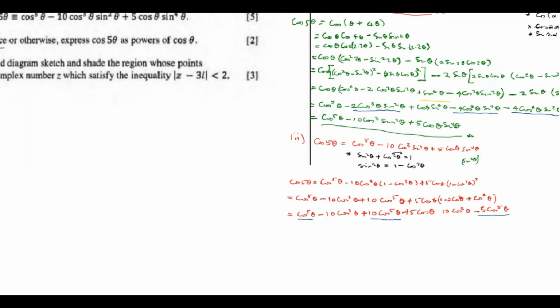So if we say 1 plus 10 plus 5, we are going to get 16 cos to the power 5 theta here. Then we check the ones with cubed. You see we are having this one and this one.